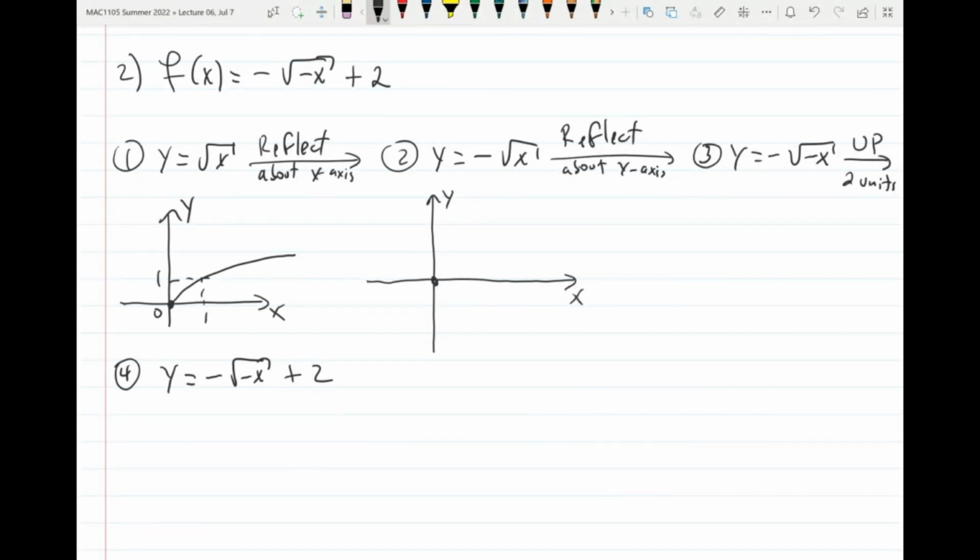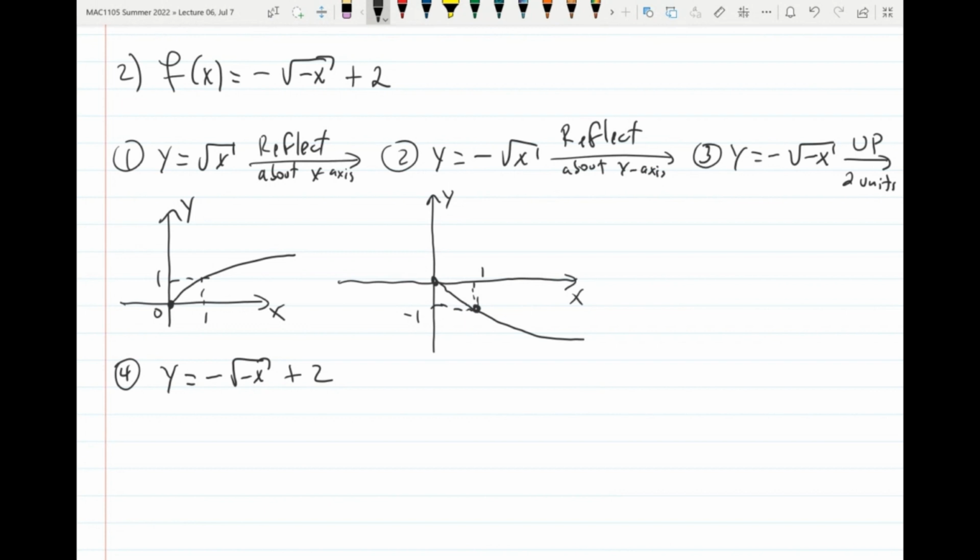So 0, 0 stays there, but then 1, 1 becomes 1, negative 1. And we get this sort of picture. Okay, something like that. Then what are we going to do?